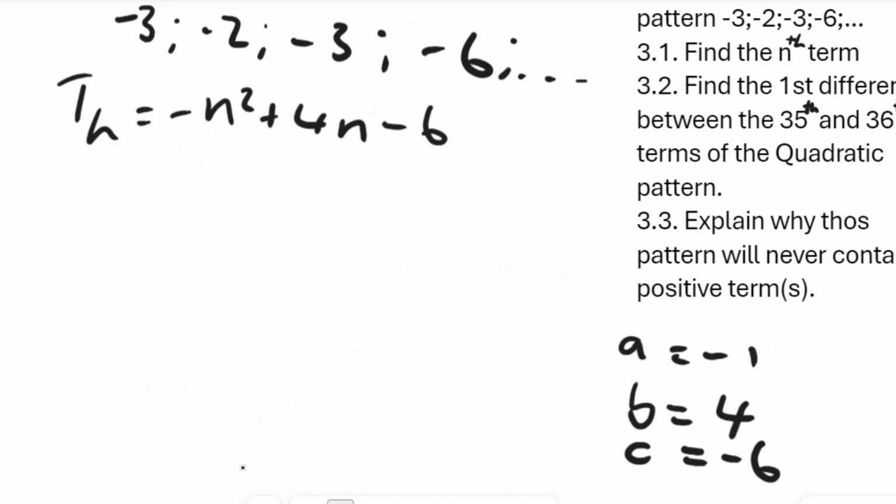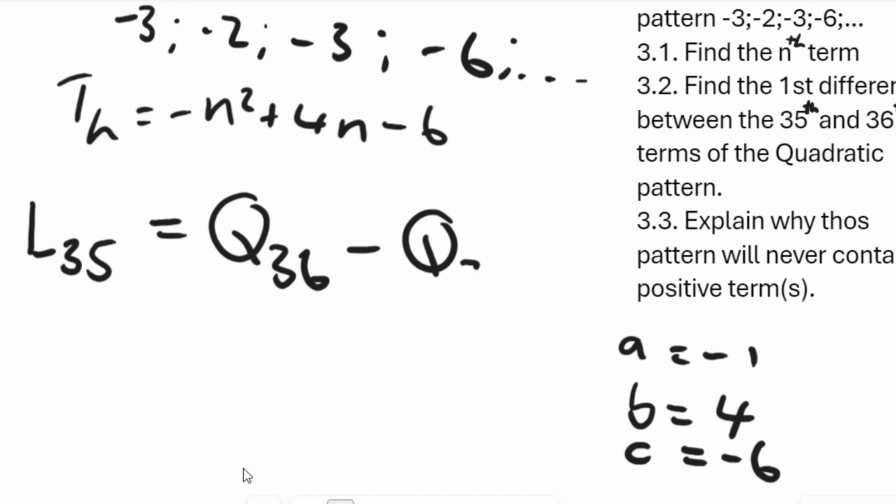So you must know that linear term number 35 is equal to quadratic term number 36 minus quadratic term number 35. The same sequence that we are doing here, we will be following it when we reach there in the front. So we have linear number 35 being equal to quadratic term number 36 minus quadratic term number 35.